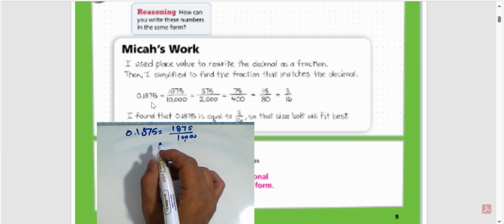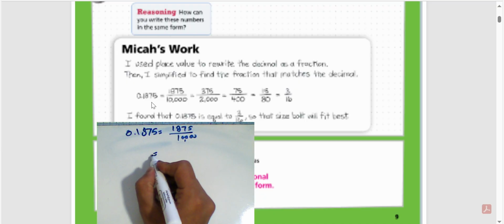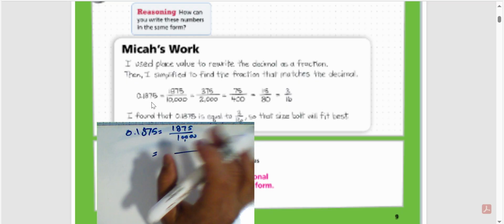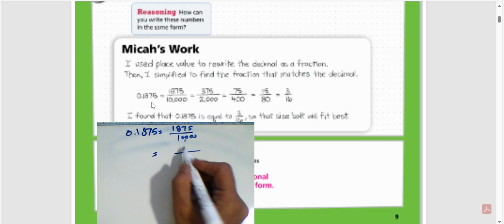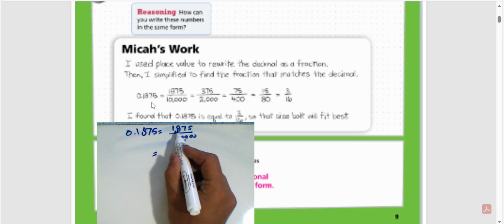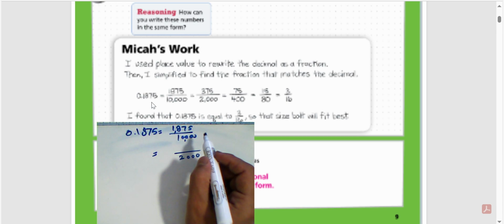We can simplify this number by dividing numerator and denominator. This number divided by 5. Okay, divided by 5. It will be 10 divided by 5 equals 2, and we write 3 zeros here, and this number 1875 divided by 5.